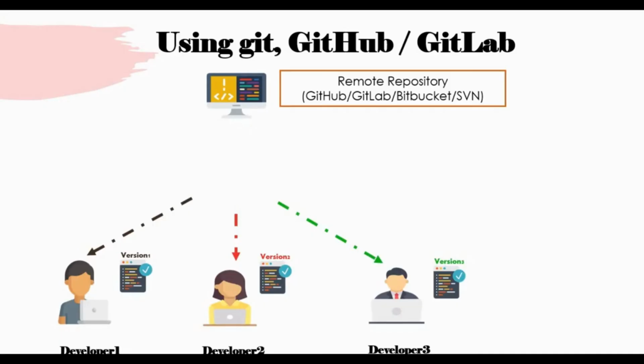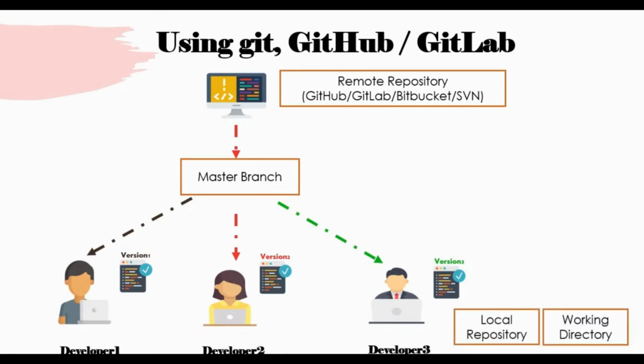From that remote repository, what we usually do is we have a master branch where the actual code will be, and you will have a branch. From that branch, these developers will use that code, and they will start editing or making their versions, and they will start making the changes.